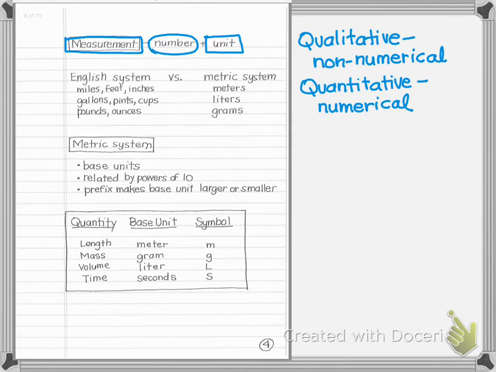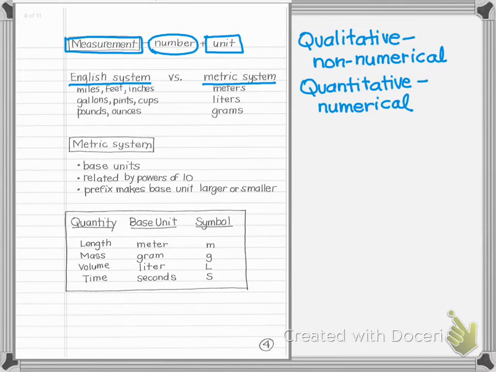The English system is one system of measurement, and then you also have units that are the metric system. In science, we use the international system, which is based on the metric system, so we're going to focus on some of the units in the metric system. On this page you can compare the English to the metric.